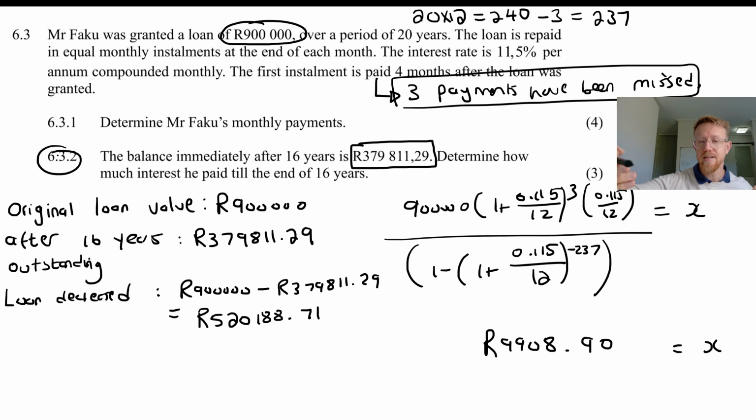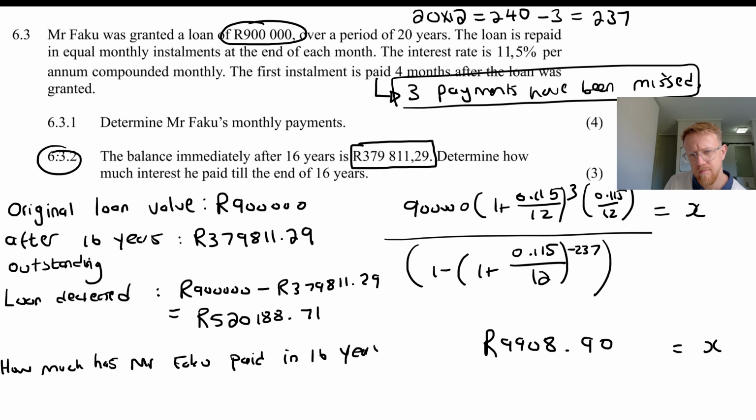But that is not the amount that Mr. Faku has paid, because of something called interest. So let's go see how much Mr. Faku has paid in the 16 years.